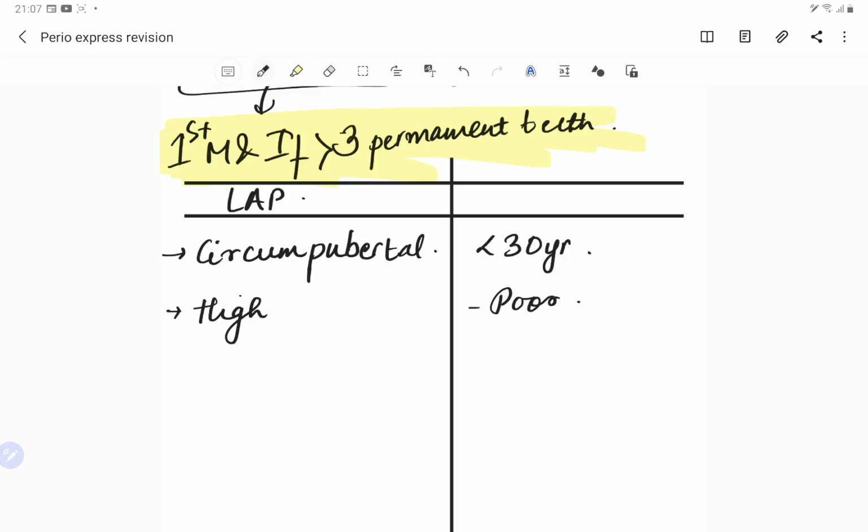And the bone loss, or the destruction pattern, is arc shaped in case of localized aggressive periodontitis.